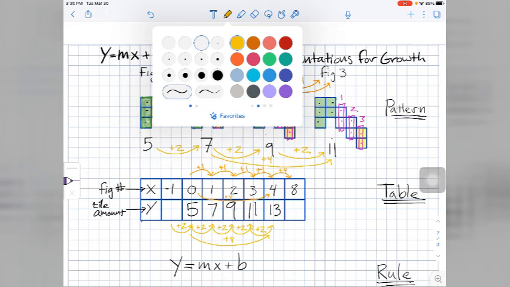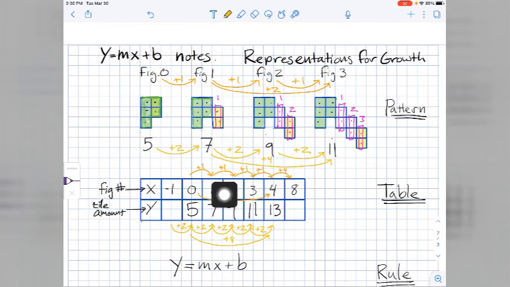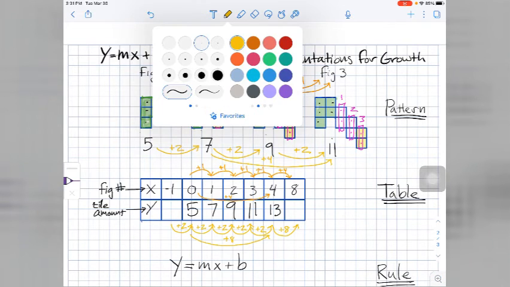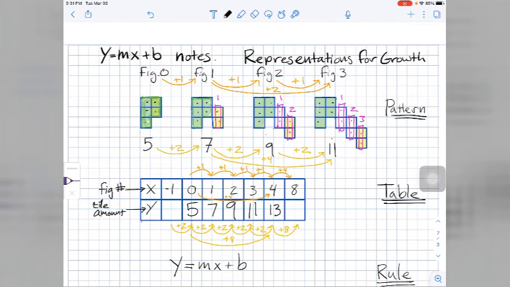That tells me that when my figure number increases by 4, my tiles are going to increase by double that. So instead of plus 4, this is going to be plus 8. So figure 8 is going to have 13 plus 8, which is 21 tiles.